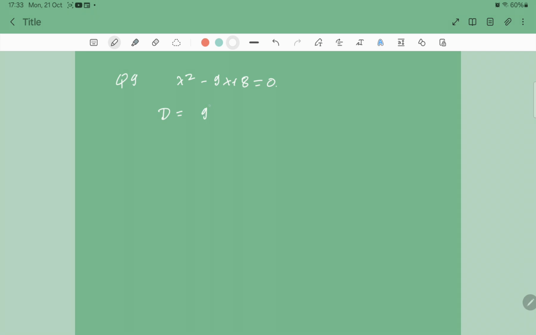D equals 9 squared minus 4 times 1 times 8, 81 minus 32. And that equals 49. The square root of 49 is 7.